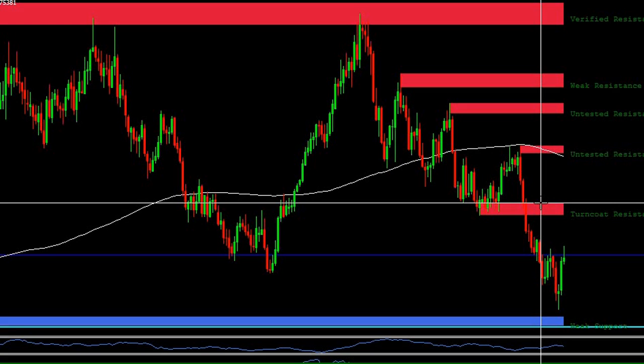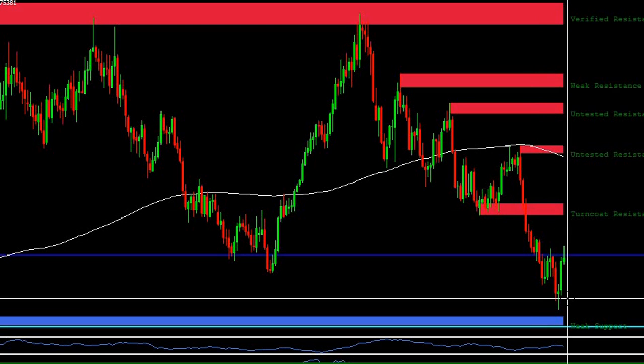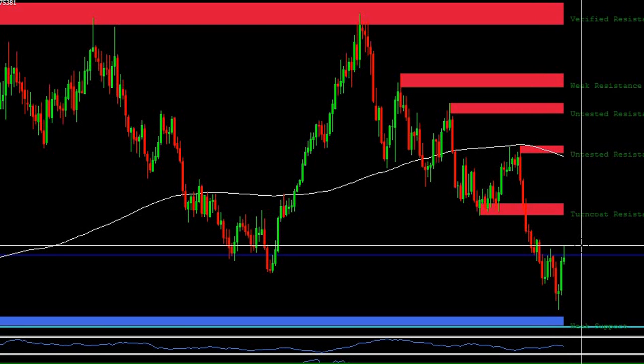If I get the retest of this zone, slightly above my DSR level at 0.7671, I'll be looking for bearish signals, and if I get one, I'll be getting in with two trades, one at 1 to 2 or 1 to 3, and trading the balance of the trade on a structure based stop.